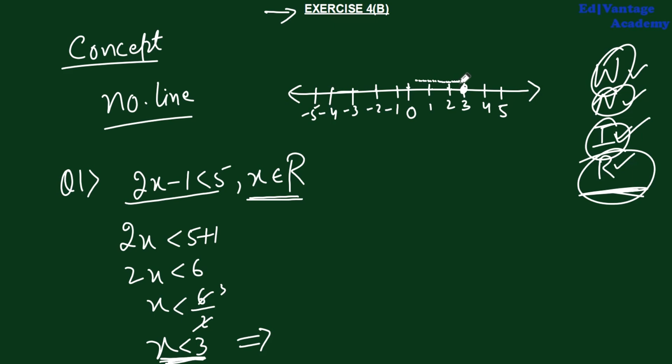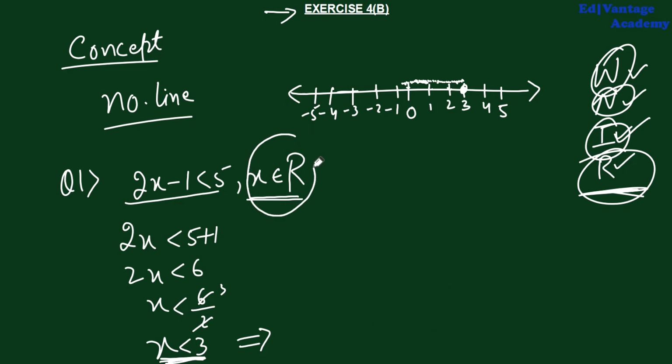So even decimal places like 2.5, 1.1, 0.9, 0.8, 0.1, 0, minus 0.9, all those numbers are coming in this category.